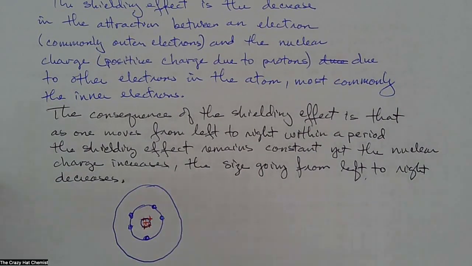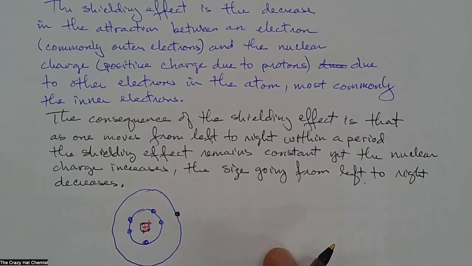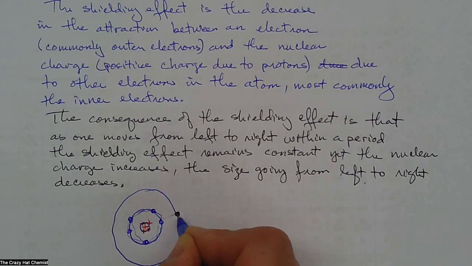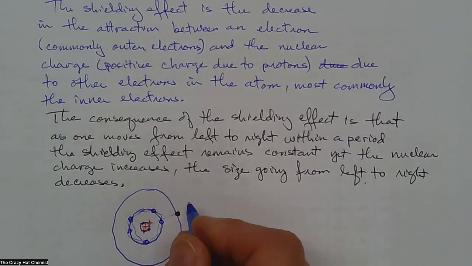And then there would be an electron on the outside over here. This outermost electron would like to interact with that positive charge of the proton. But unfortunately, it is being shielded by these inner electrons. These inner electrons are preventing this black electron on the outside from getting near the positive red proton charge in the nucleus.